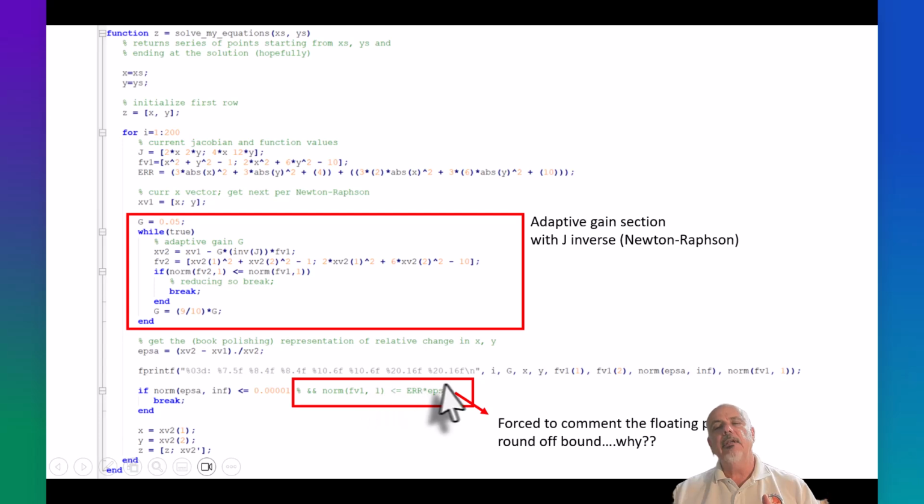And actually, inside my print statement, I show what the gain is. So the second variable is going to be the gain. So you kind of see how that goes. And you notice I commented out this, when the 1 norm of FV1 is less than or equal to F. I had to comment that part out because I know there's no solution, so that's never going to be true.